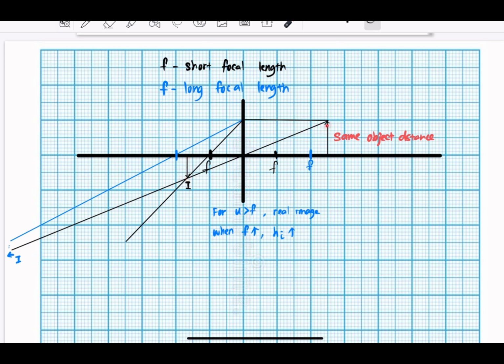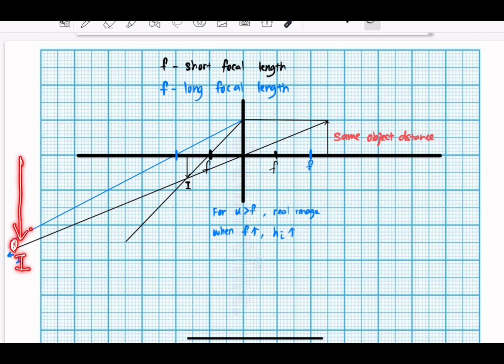Now again, the same object distance, but this time we use a longer focal length. This is the focal point. The ray parallel to the principal axis passes through the focal point, and the ray through the optical center is not deviated. It is obvious that these two lines will intersect somewhere over here, not enough space, so the image will be formed over here.